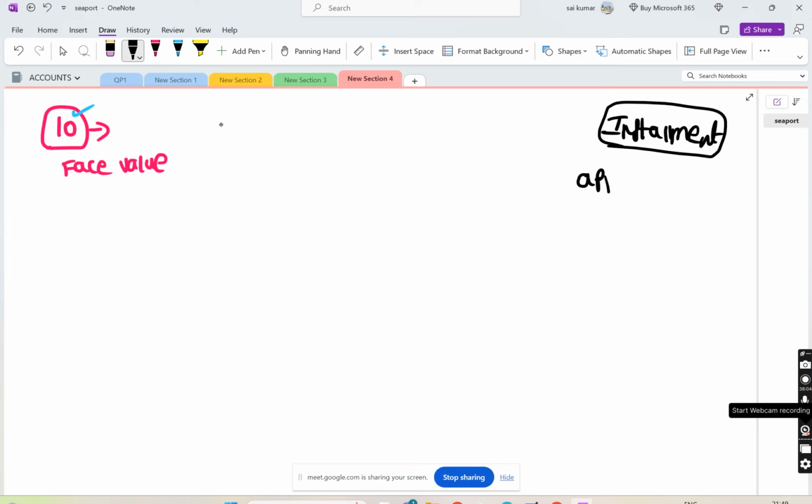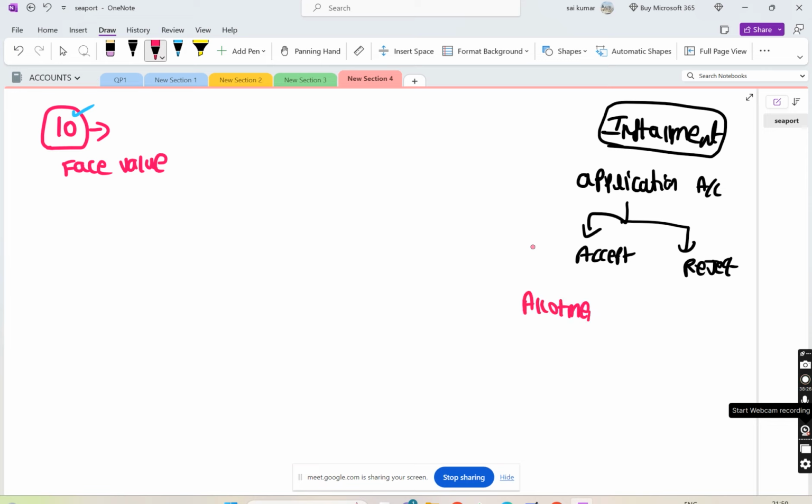First, whenever they want to buy our shares, they will make an application. Whenever they apply, we will either accept or reject it, same as when you apply to a college. After accepting your application, they ask you to pay the fees. Similarly, after allotting the shares, we immediately ask for some more money.